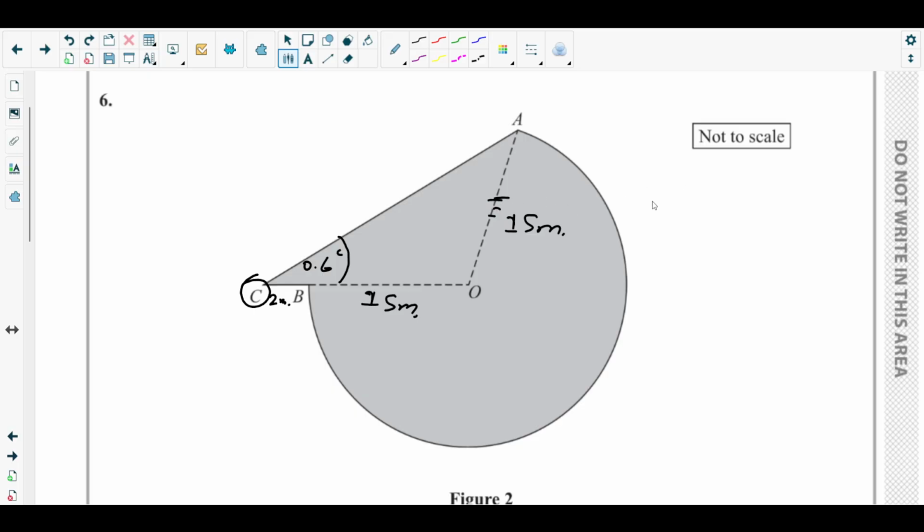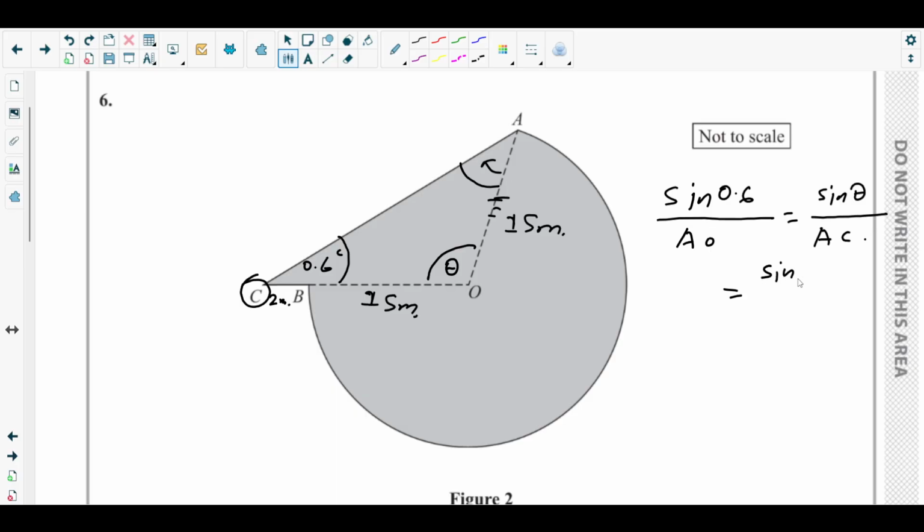So in this case, it will be sine 0.6 over AO. This is equal to, if I consider this angle, let's say this is angle O, which is theta, we need to find out. So I considered this as theta. So sine theta over AC, and this is also equal to, if you consider this angle, which is alpha, sine alpha over the opposite side, which is OC. This is the sine rule.